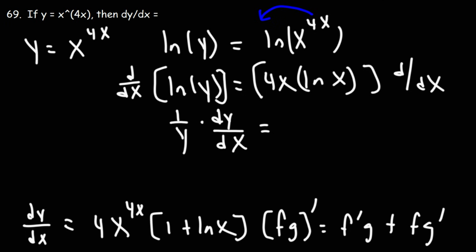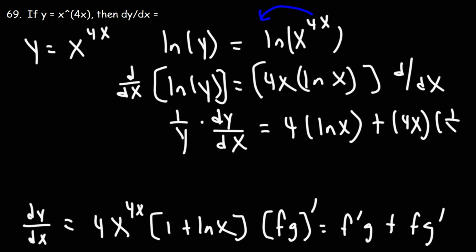So f prime, that's going to be the derivative of 4x, which is 4, times g, g is ln x, plus f is 4x, times g prime, the derivative of ln x is 1 over x.